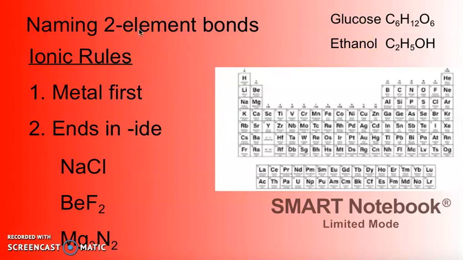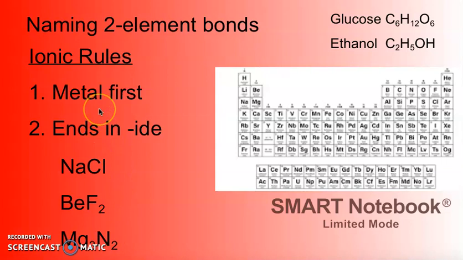Now you may remember we were talking about ionic bonds and covalent bonds. Metallic bonds will not be in this particular video, but there are different rules for our ionic and covalent bonds. So let's say we wanted to name an ionic bonded compound like NaCl, BeF2, or Mg3N2. You have some simple rules.